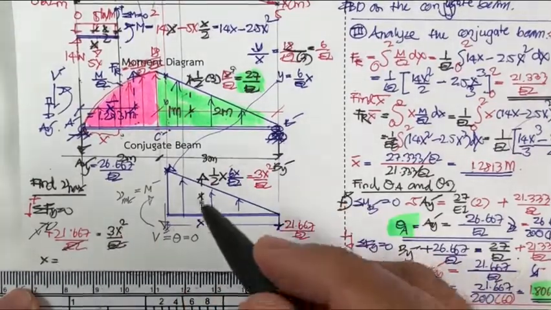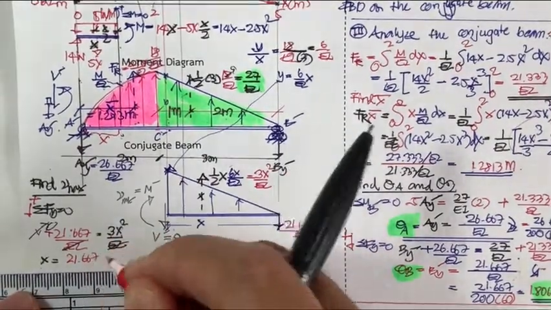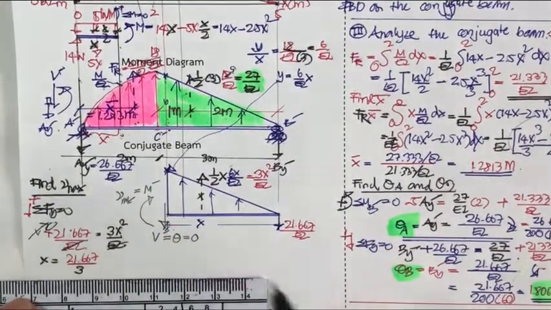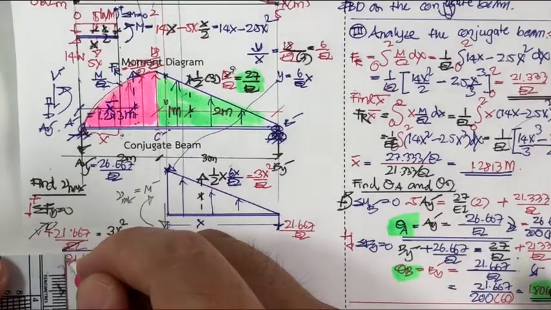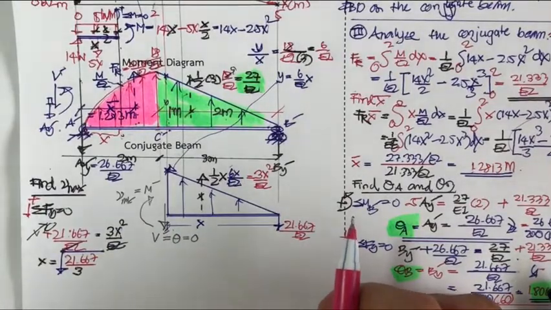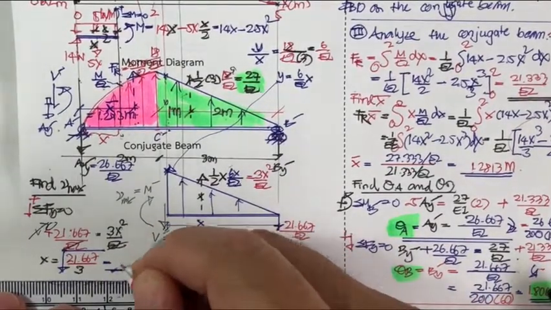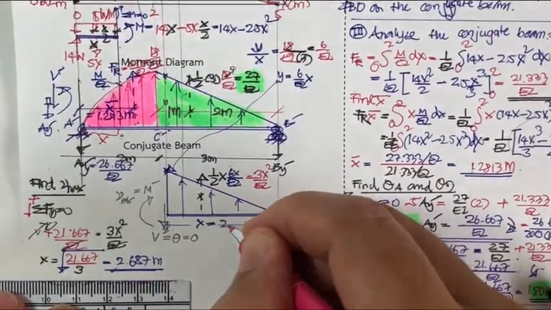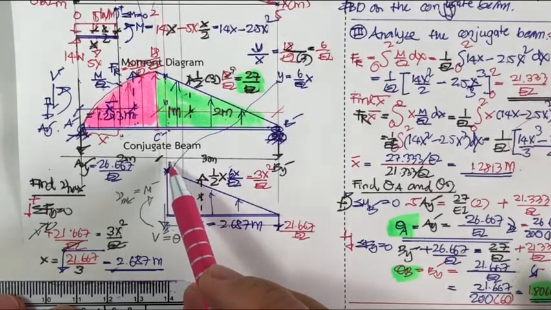X is equal to the square root of 21.667 divided by 3, and if you put everything together, you will get x equal to 2.687 meters, which is less than 3 meters. Okay, so my assumption is correct.